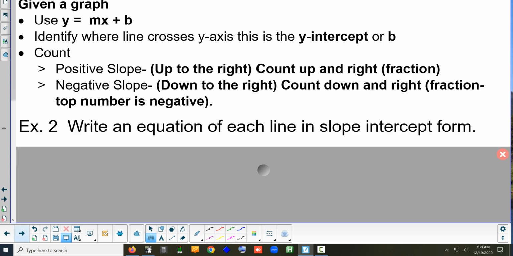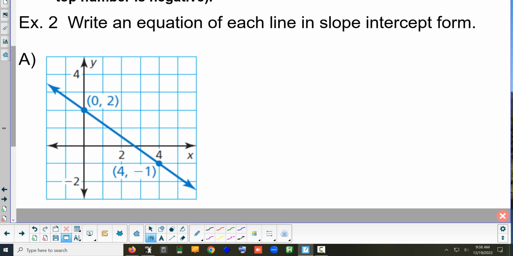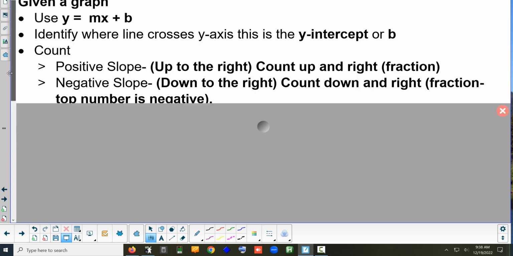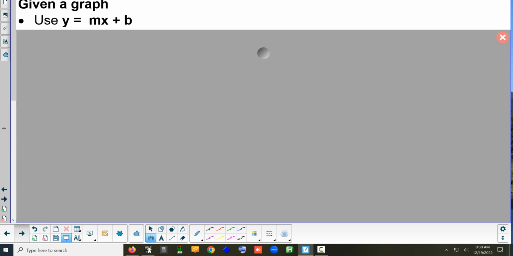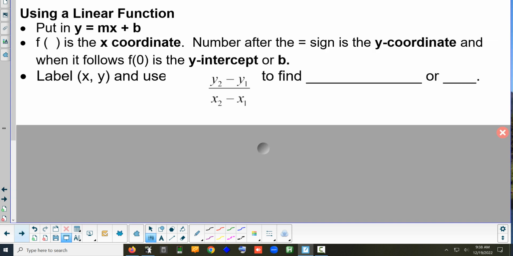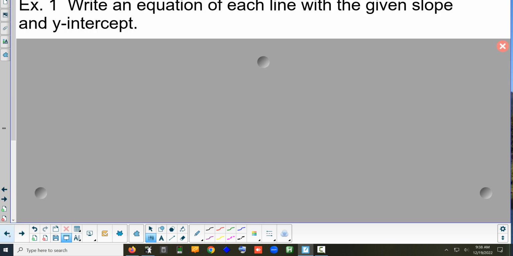Another way they might do it is they might give you a picture and say, write the equation of a line. That's a little bit harder, but it's still not too bad as long as they give you the picture. Another way they might do it is instead of giving you a picture, they just give you 2 points and say, find the equation of a line. And we'll go through the different ways in how you write the equation.